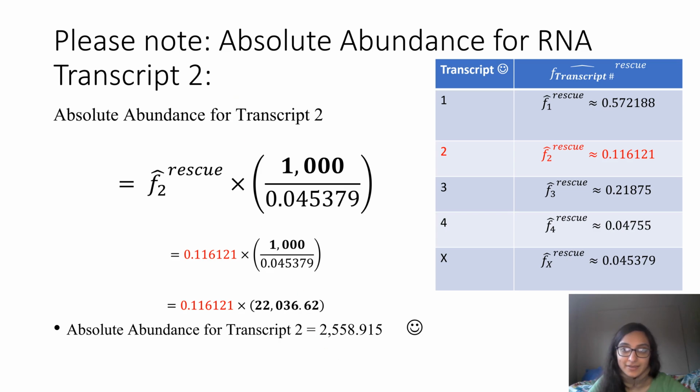We can do the same thing for transcript 2 as well. We just take the relative abundance for transcript 2, take this value here, and plug it in here. The scaling factor and everything else is the same.